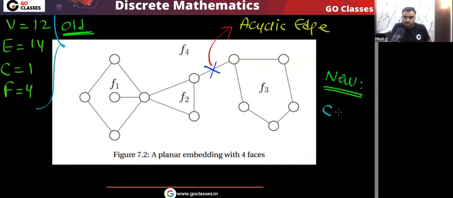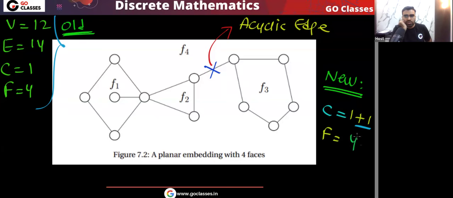You can see the number of connected components is increasing by 1. Did you notice? It is increasing by 1. There is an increment of 1. And what about the number of faces? If I delete this edge, what will happen to the number of faces?